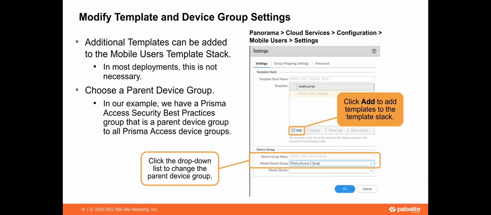The device group hierarchy you specify allows you to enforce consistent policy for your mobile users. The group mapping settings allow you to do additional configuration in conjunction with the User-ID directory sync services. And this will be used for group mappings that you can use in your policies and GlobalProtect configuration later on.